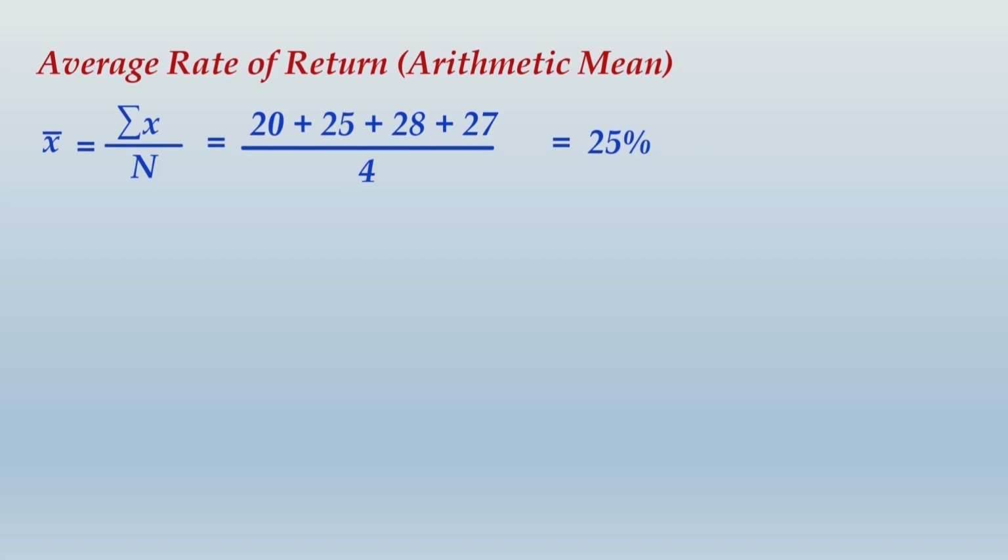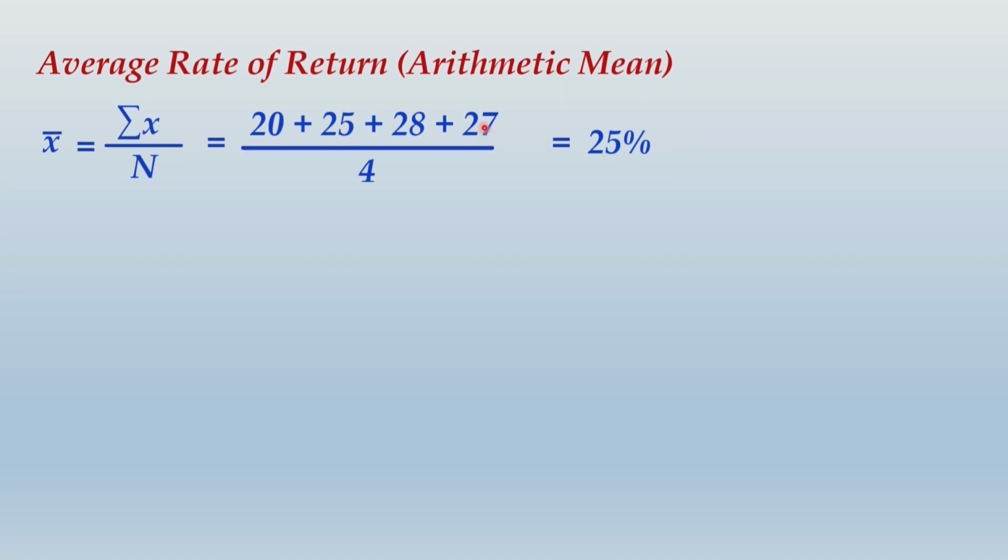Now, when you apply geometric mean, you cannot directly apply these rates of return. Please carefully understand: when you are applying geometric mean, you will not consider 20, 25, 28 and 27. In fact, you will take the future value factor.